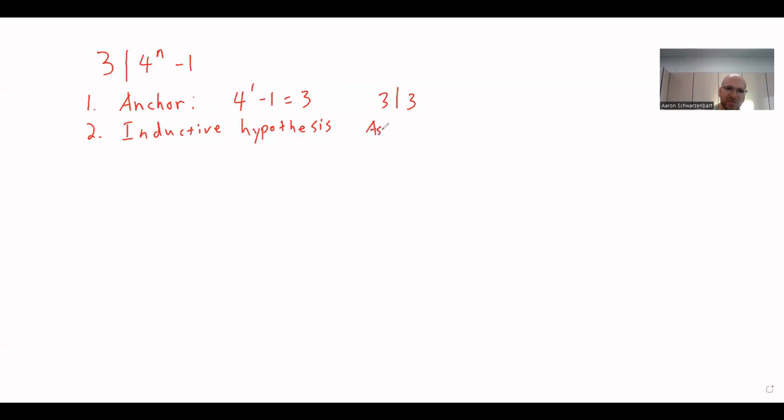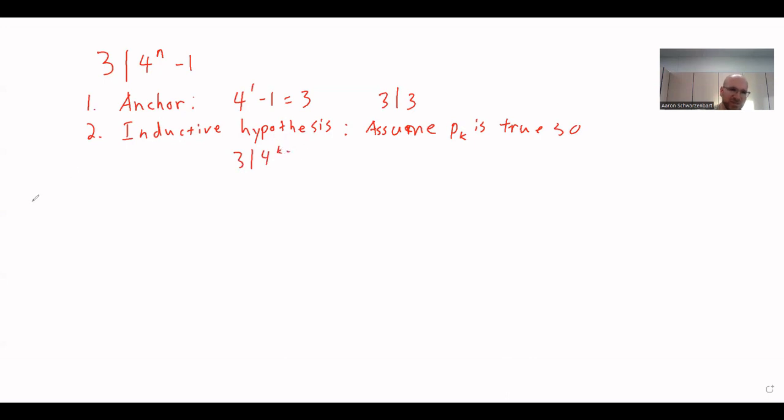Assume, they write it a little bit differently than I do sometimes, P sub k is true. So 3 divides 4^k minus 1.